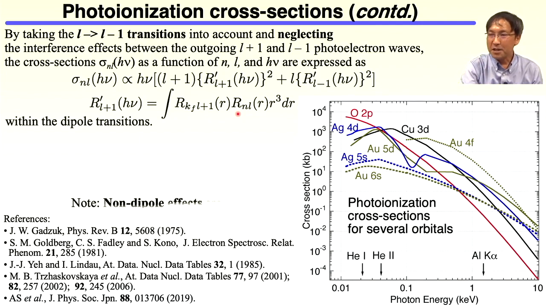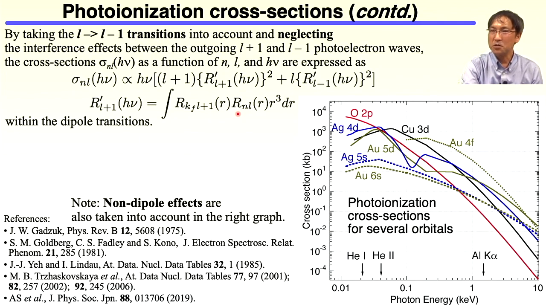The calculated photoionization cross-sections for several atomic orbitals are shown as a function of the photon energy like this. It should be noted that these curves are more realistic and practical, where the non-dipole effects are also taken into account.